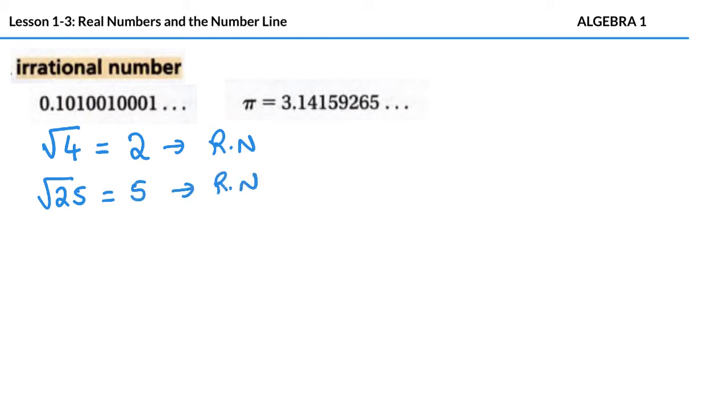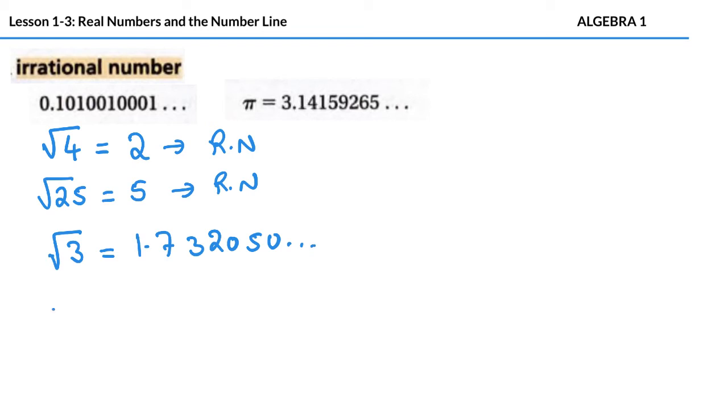Now tell me, what is the square root of 3? Is it a rational number or an irrational number? Since 3 is not a perfect square, it is an irrational number, because the decimal of the square root of 3 is 1.732050 and it goes on. So this is an irrational number.